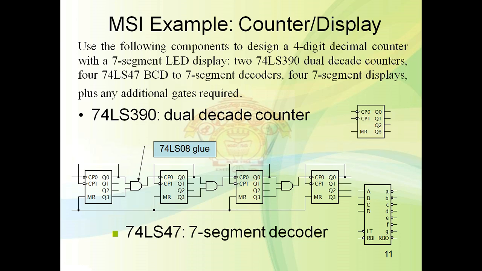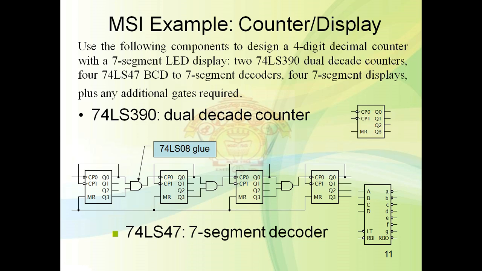So when the count is 1001, we use an AND gate: outputs Q0 and Q3 are combined and applied to the AND gate, and this AND gate is used to generate the next clock pulse.